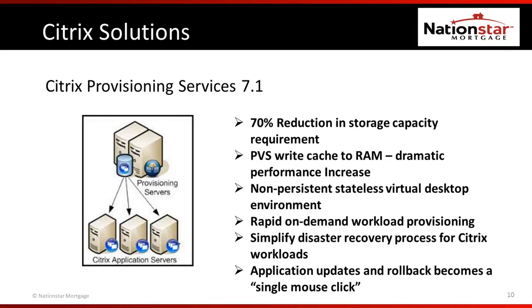Probably the biggest change that we felt in the beginning of this transformation project was implementing Provisioning Services. We went live at the same time that we migrated to XenApp 6.5. We went initially with Citrix PVS 6.1, and since then we've upgraded to 7.1. But we realized immediately almost a 70% reduction in storage capacity.